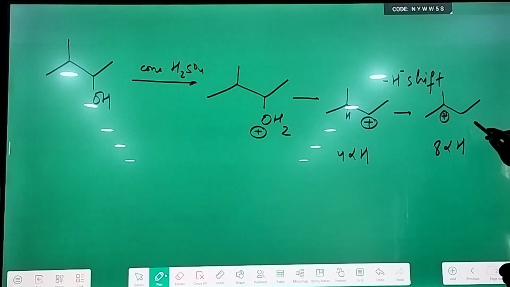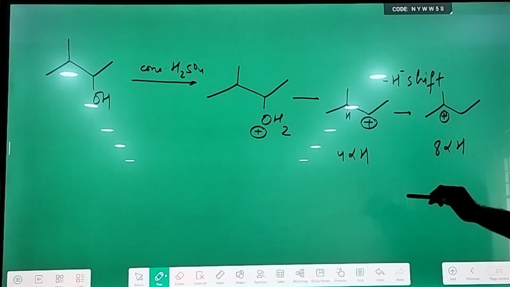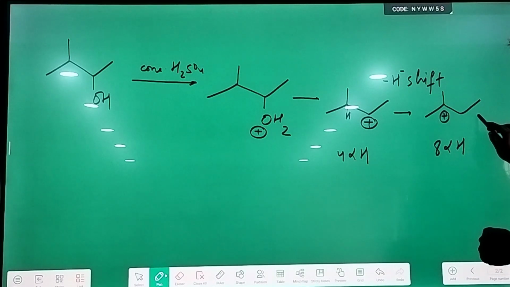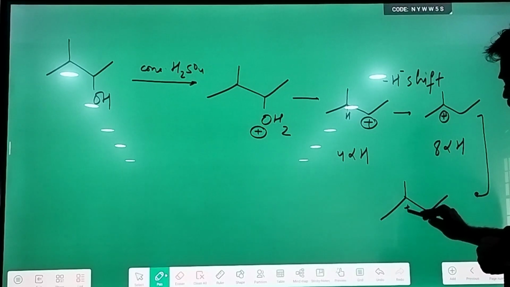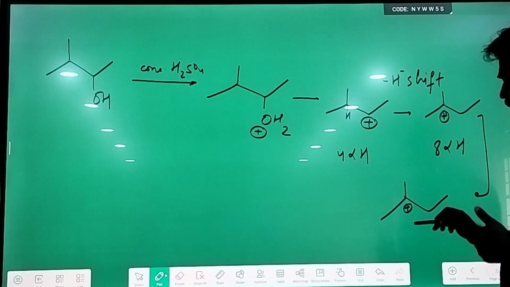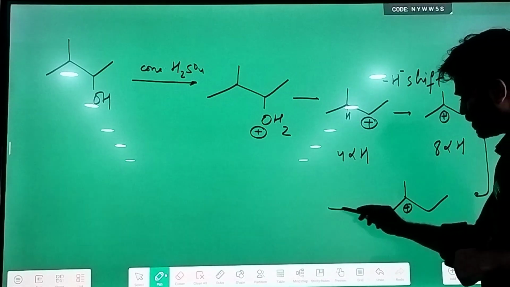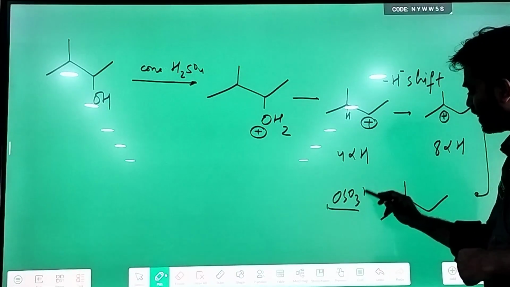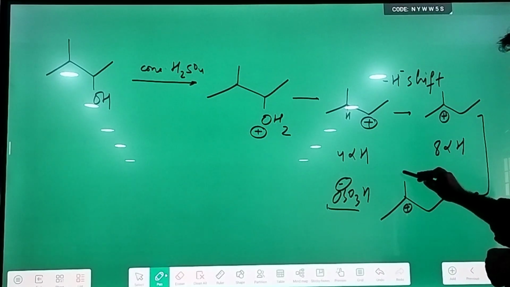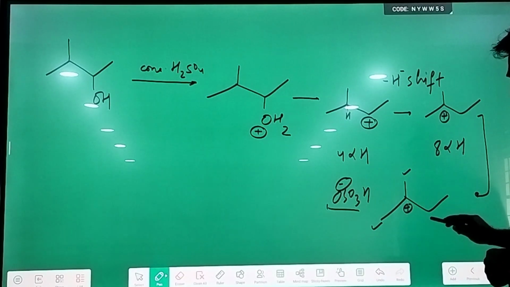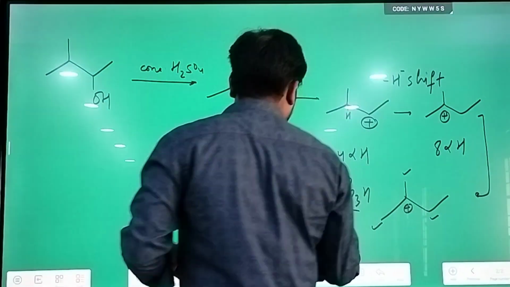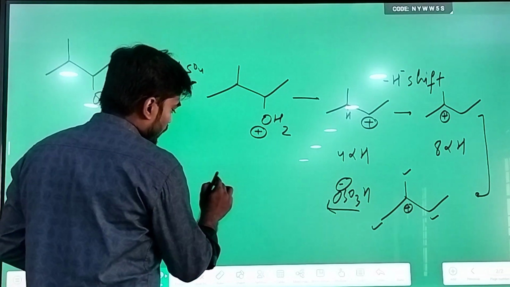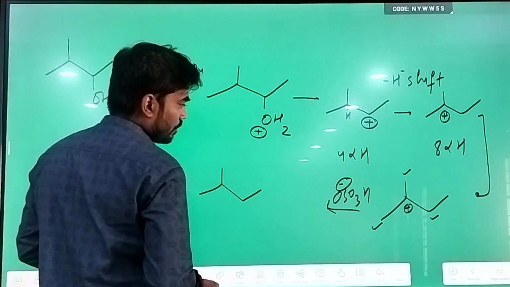Okay. Now what happens? We have alpha positions and beta positions. If we see this positive charge, we can remove H, which OSO3H minus will take away from either this position or this position. We have 3 beta positions. So if I move further, we are going to see that there are 2 products that are formed.